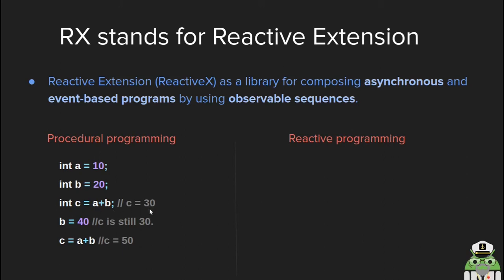If later in the program I change the value of b to 40, c is still 30, because this is not reactive. To update the value of c, I have to execute the same line again.